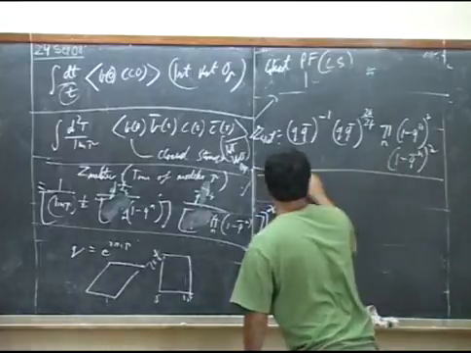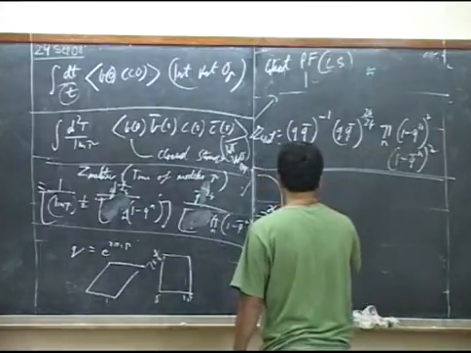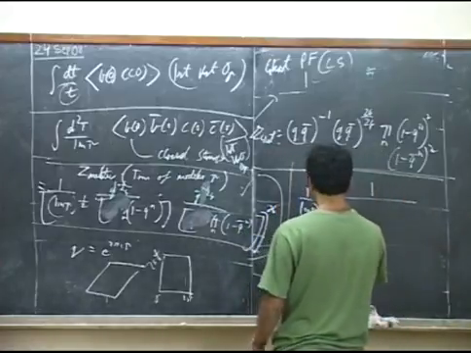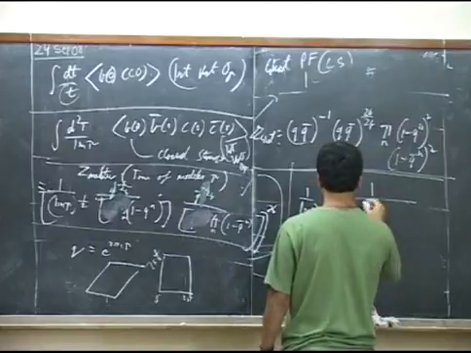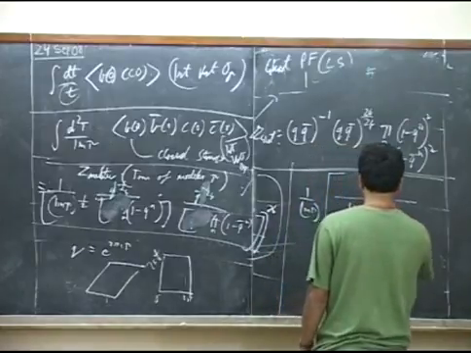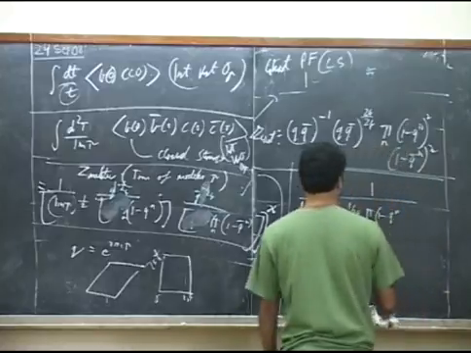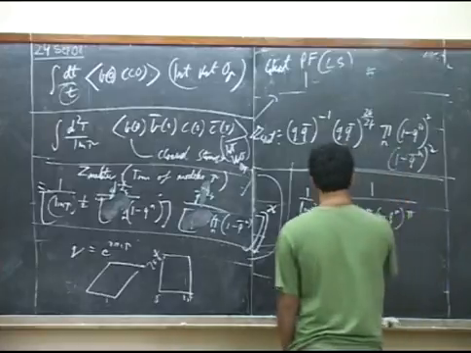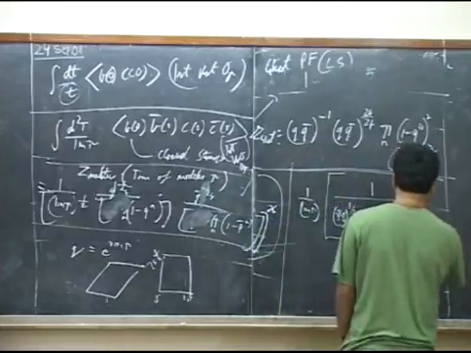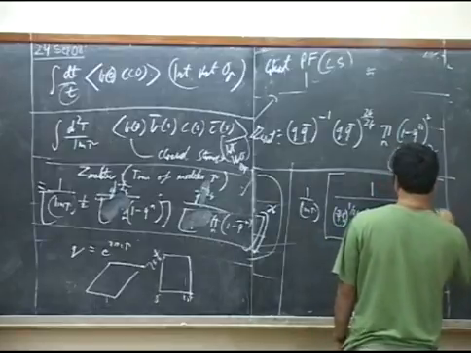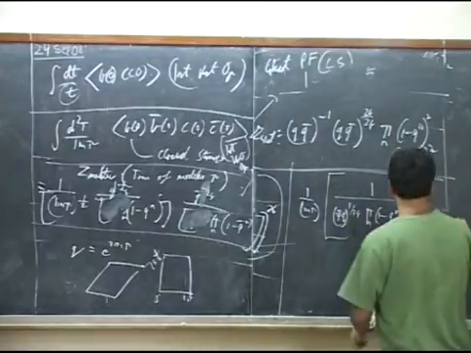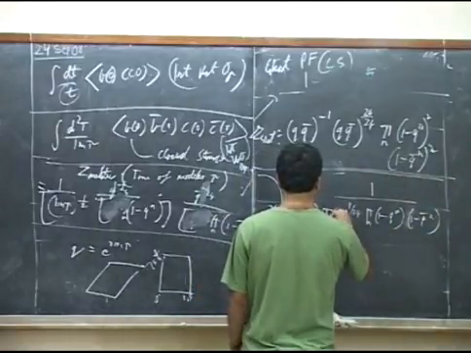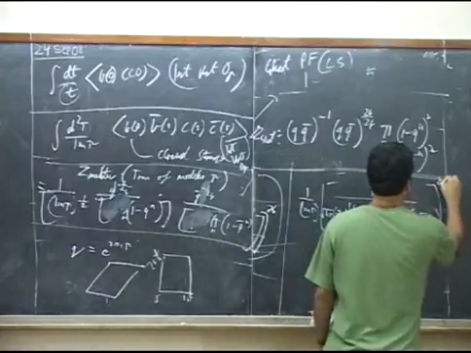Okay, so let me write down what remains. What remains is 1 by the imaginary part of tau, times 1 by q to the power 1 by 24 times the product over n of (1 minus q to the power n), times the product of (1 minus q bar to the power n), times the square root of Im tau, the whole to the power 24.